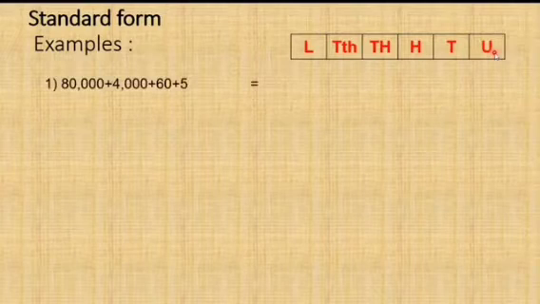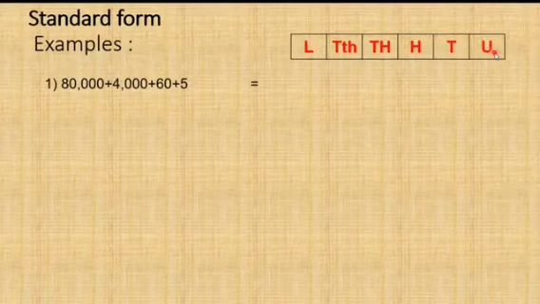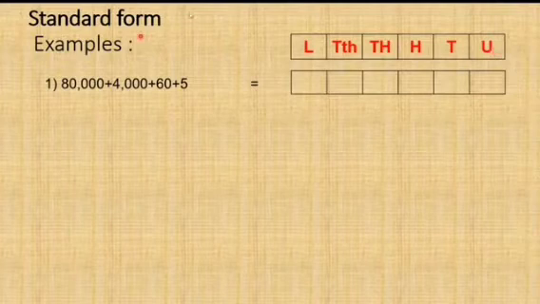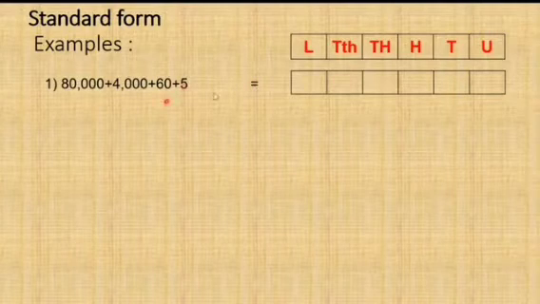Now the first problem I take is 80,000 plus 4,000 plus 60 plus 5. Now I have a block written. Since it is 80,000, I fill this 8 in the 10,000s place, then 4 in thousands place, 60 is in tens place.